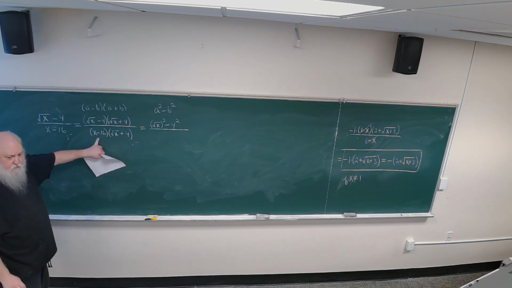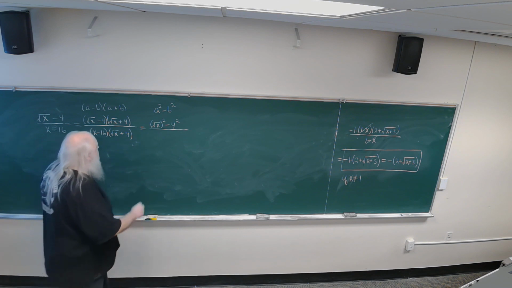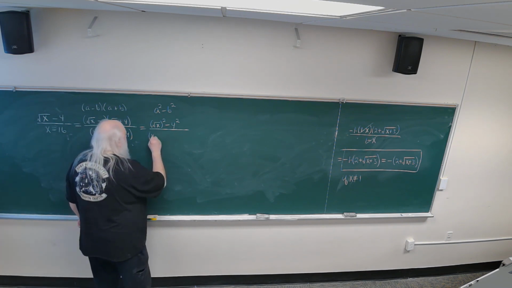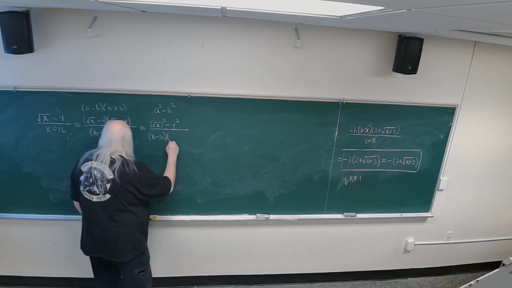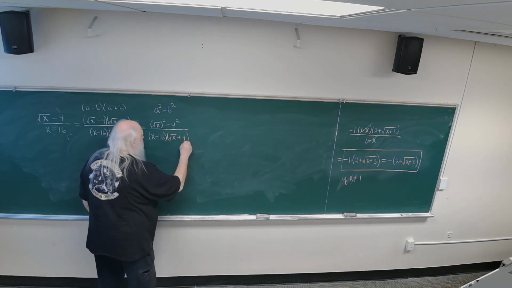The denominator, we'll just leave it as it is. You don't have to expand that. Students sometimes try to expand this and then they mess it up. Just leave it alone. So we have x minus 16 times square root of x plus 4.